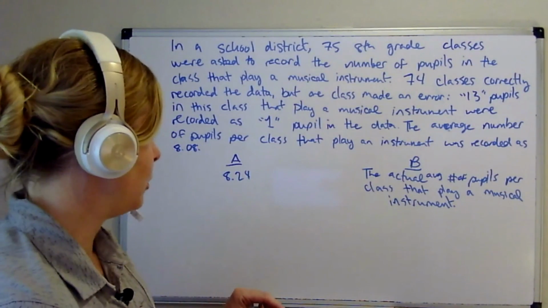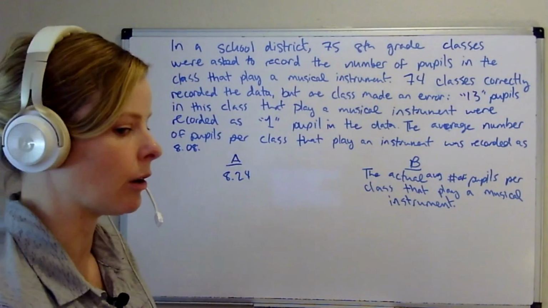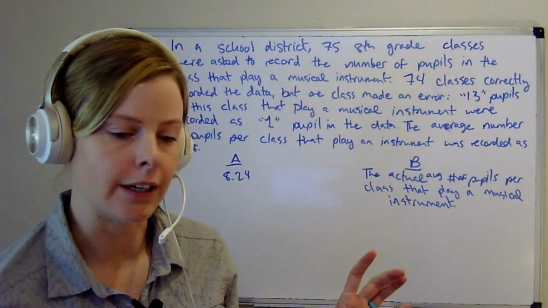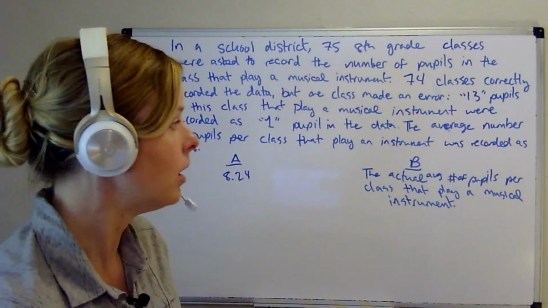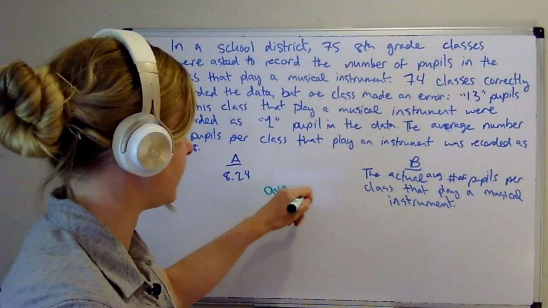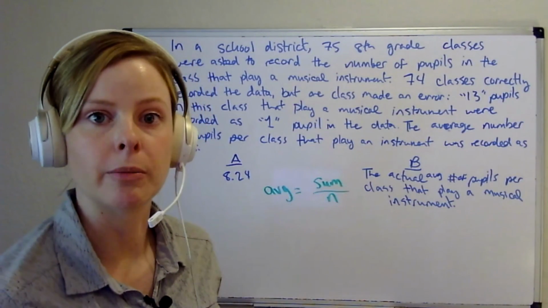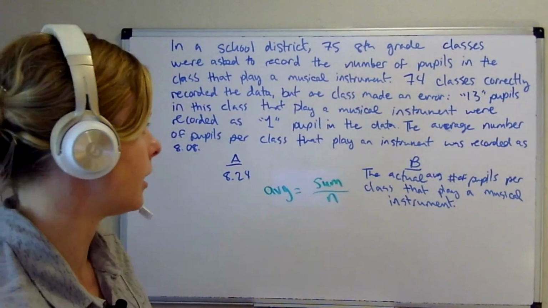The average number of pupils per class that play an instrument was recorded as 8.08. So right off the bat, what I'm thinking here is that the key to this question is a relationship that most of us know, which is that the average of a group of numbers is going to equal the sum of those numbers divided by the number of numbers that you're working with. And we've got a couple of different averages going on here, right?